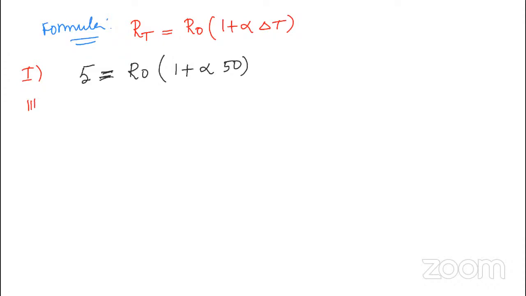For the second one, what condition have they given? The resistance value is 6 ohms. So 6 ohms is equal to R naught into 1 plus alpha into 100. They have given the temperature as 100, right? Now we are going to solve these two equations.